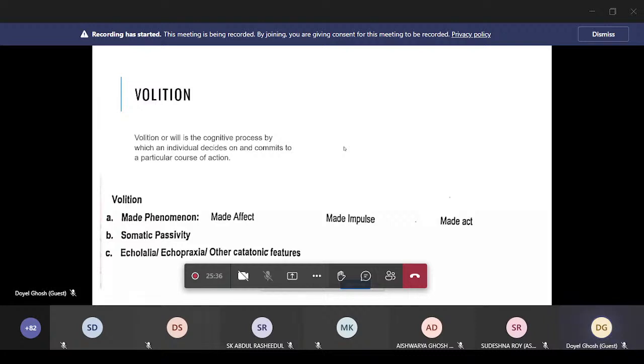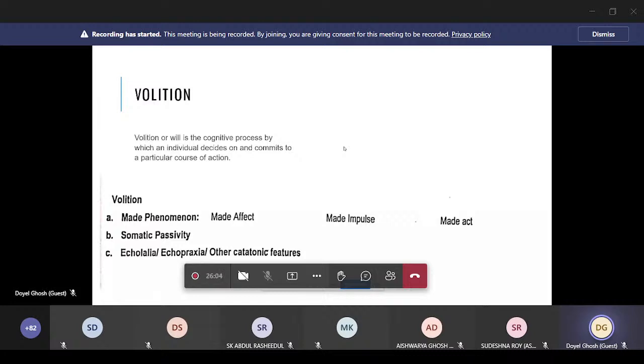Exactly like that, echopraxia is carrying out the last part of your activity. The patient will carry out that last part of the activity that is going on in front of him. That is echopraxia. Echolalia is about speech, and echopraxia is about activity, repeating the last part of it.